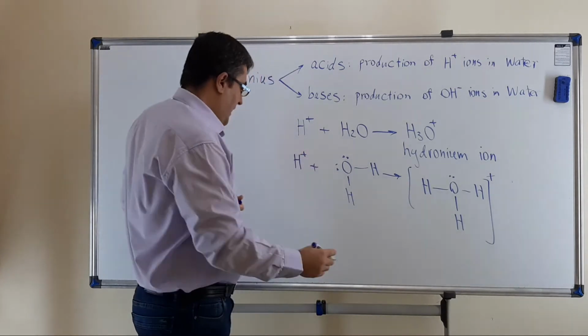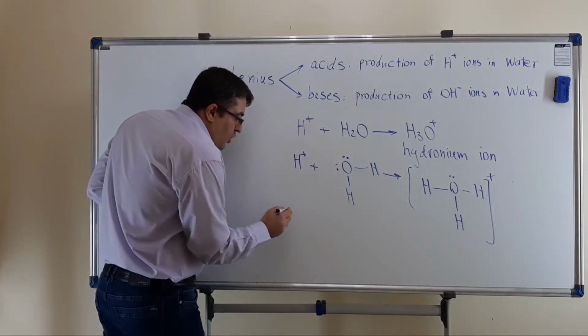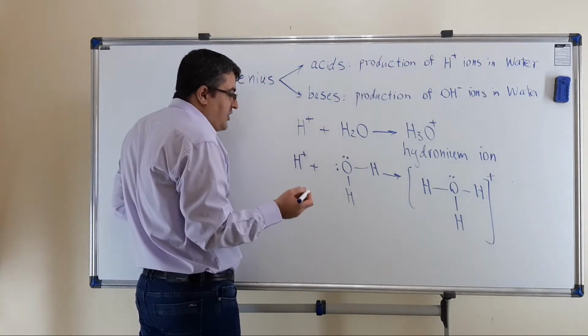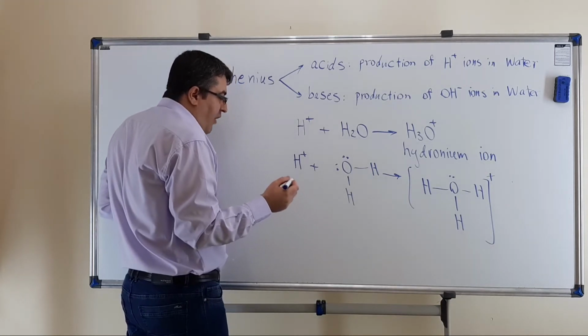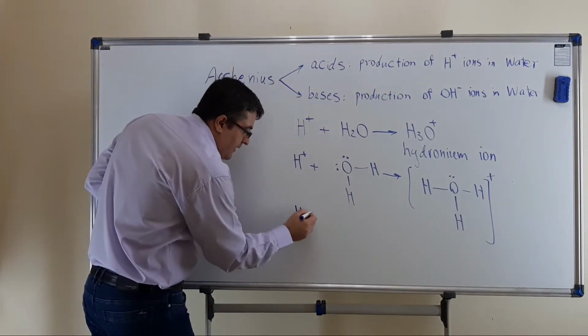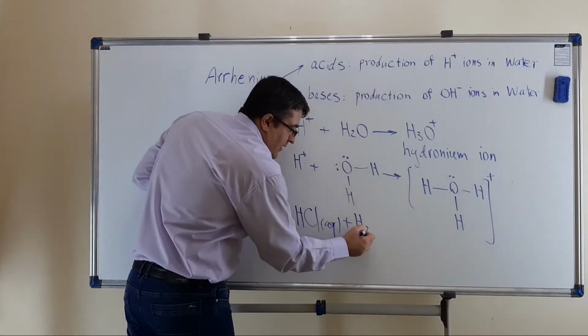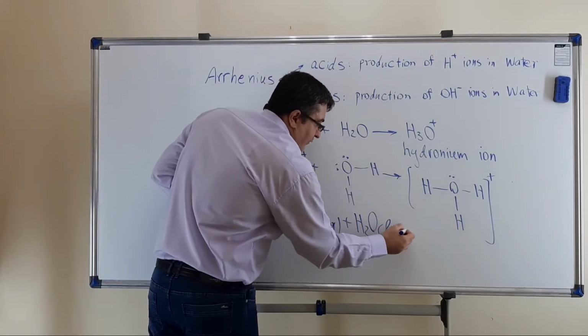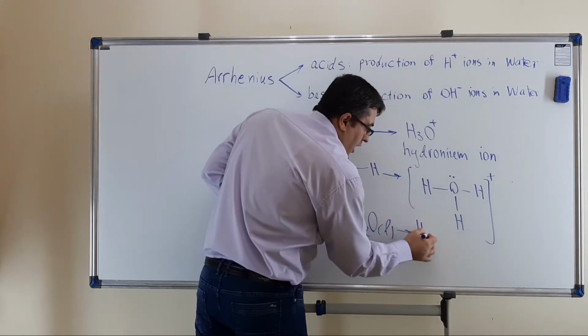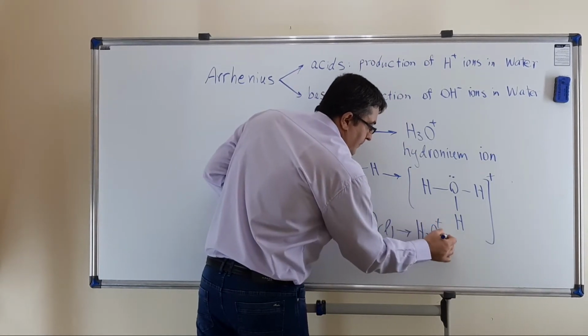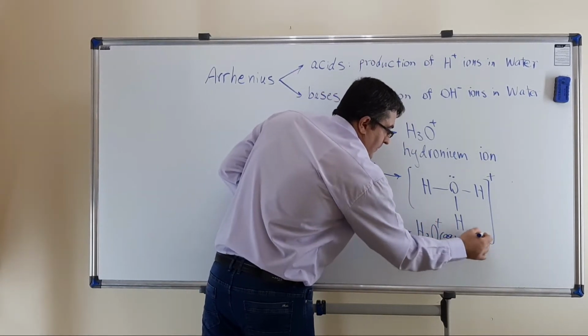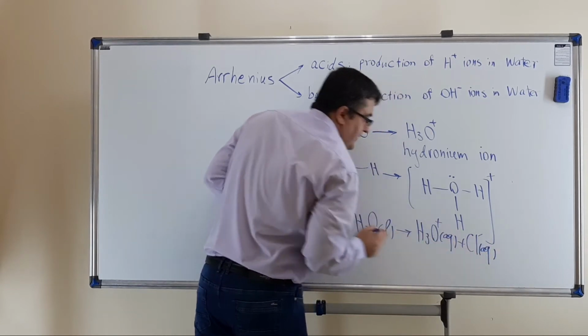For example, it is better to write the dissociation reaction of hydrochloric acid in water as follows. HCl and water yields hydronium and chloride ions.